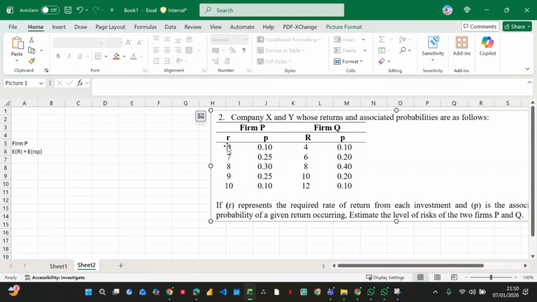On this table, for this one, the R here is six and the P here is 0.10. Do you understand? We need to do simple math.